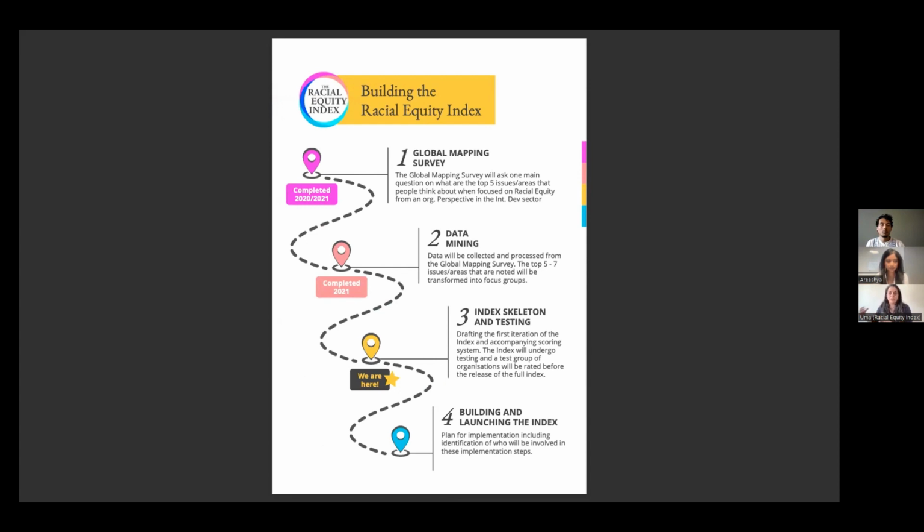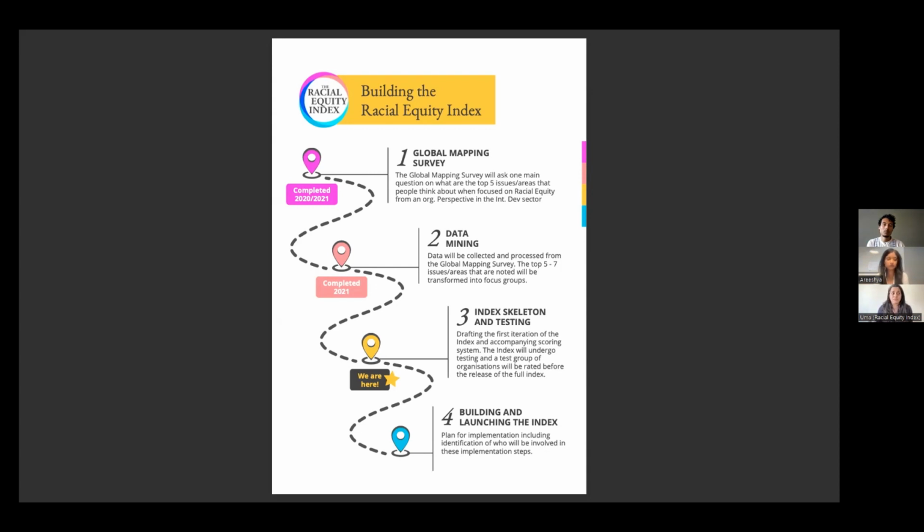So our target audience for this index is the people who work in global development, and specifically the people who are impacted by racial violence within global development organizations and by lack of inclusion and lack of diversity. All of what you see in terms of what we are building and launching next year is informed by the research that was gathered within the global mapping survey.